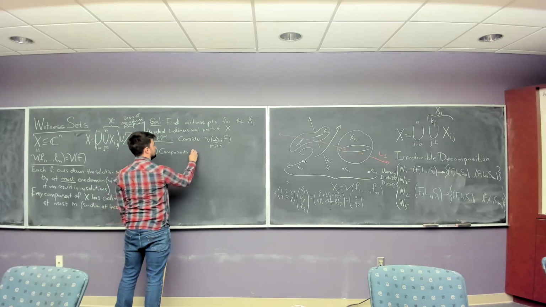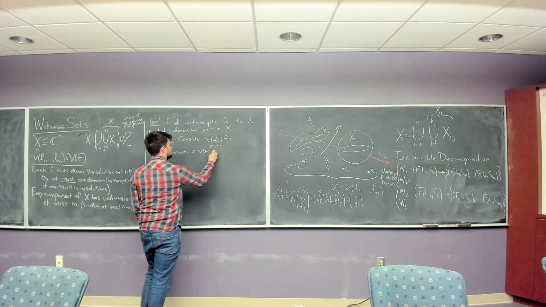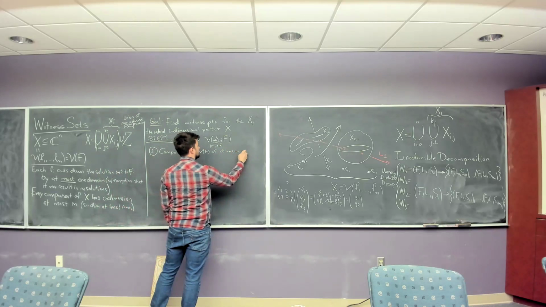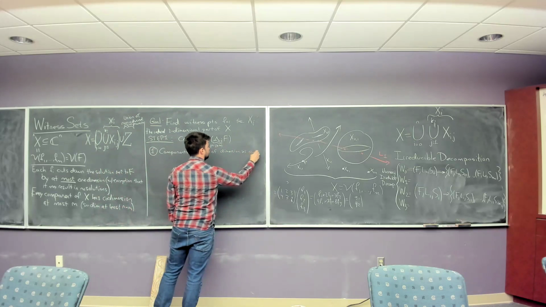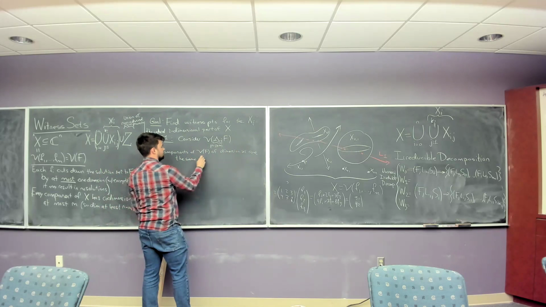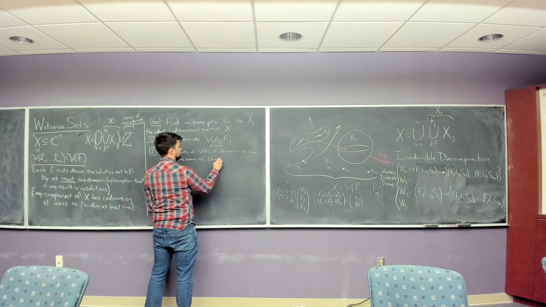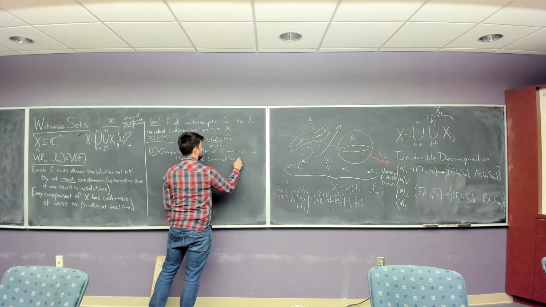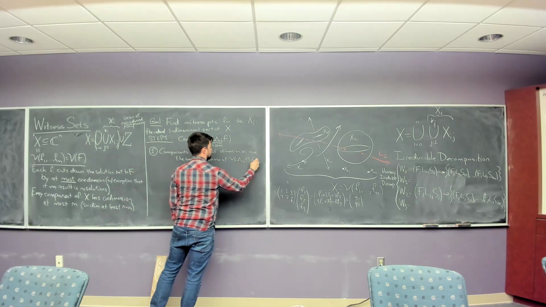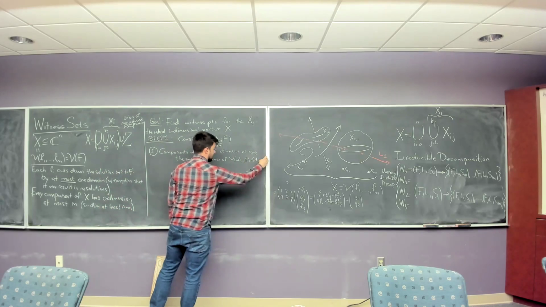Components of V of F of dimension greater than i are the same as those of the randomized system of dimension greater than i.